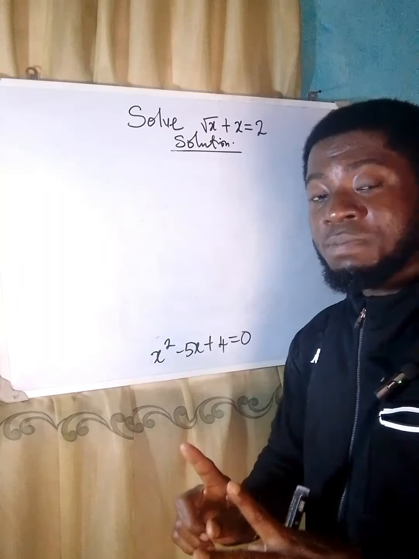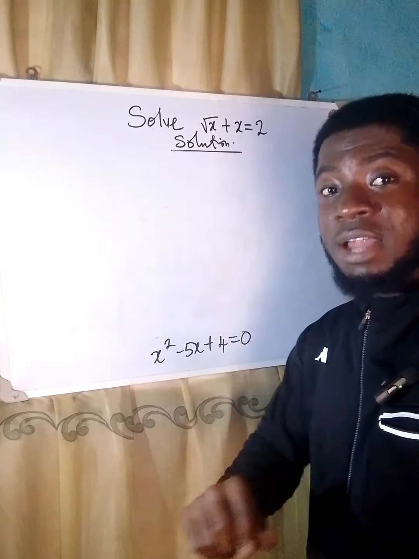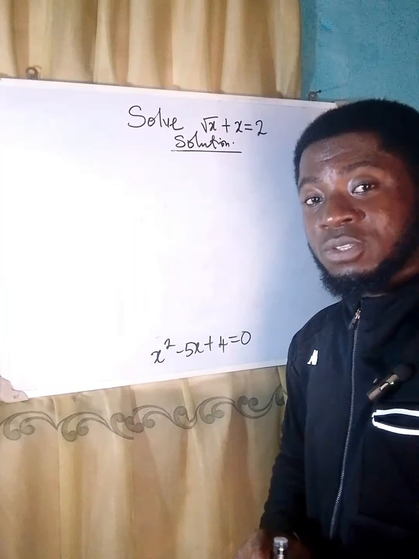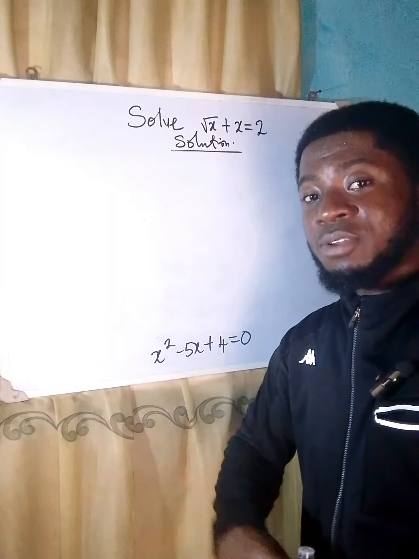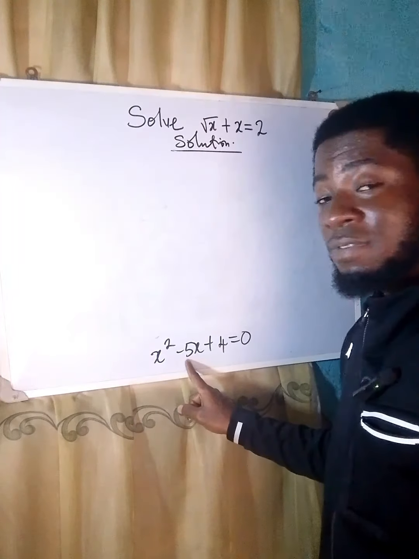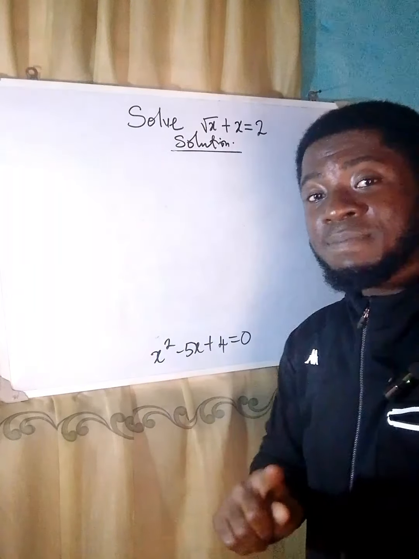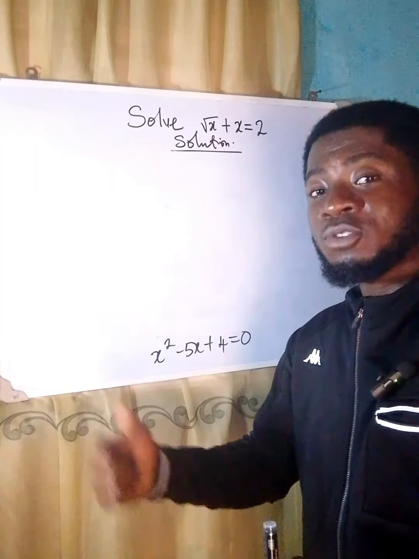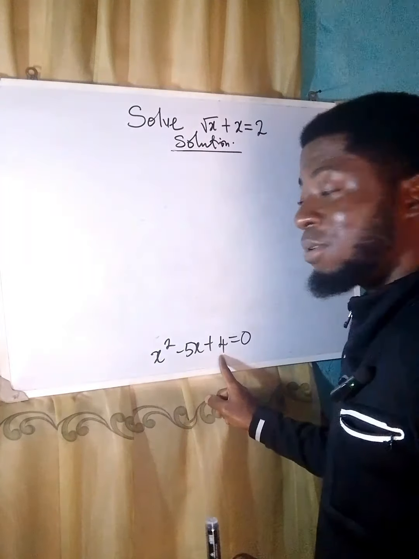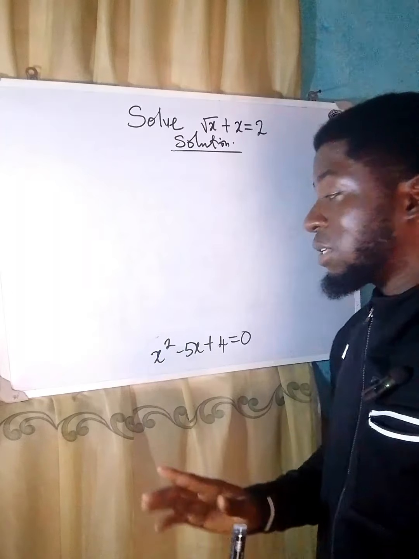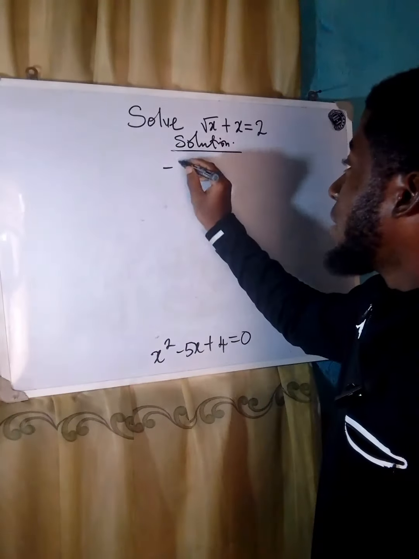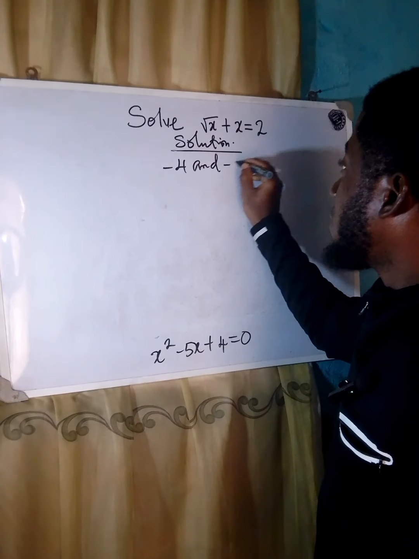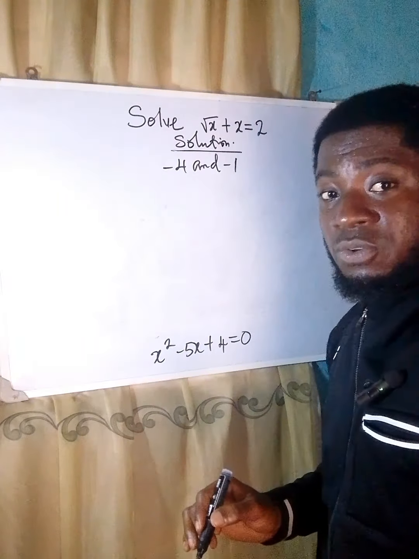The two numbers will be minus 4 and minus 1, because minus 4 plus minus 1 will give us this minus 5. And the same minus 4 times minus 1 will give positive 4. So the numbers will be minus 4 and minus 1, right?